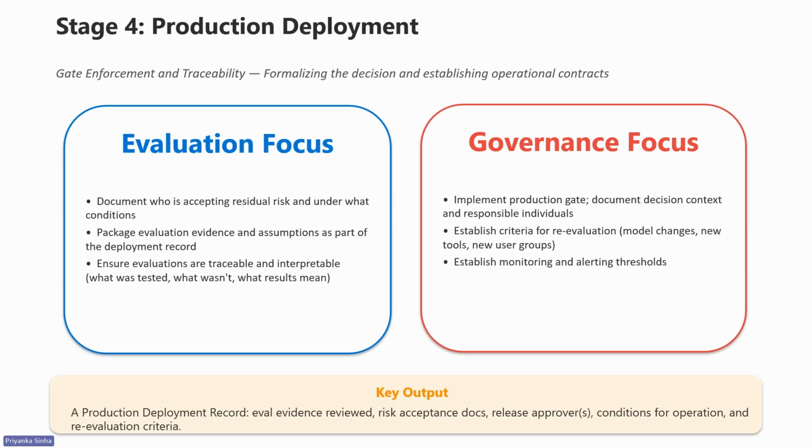The key output is a production deployment record containing evaluation evidence reviewed, risk acceptance documentation, release approver identities, conditions for operation, and the re-evaluation criteria. So this record is what you point to when anyone asks who approved this agent for production and on what basis. You need to have this documentation so it can be referred back to.